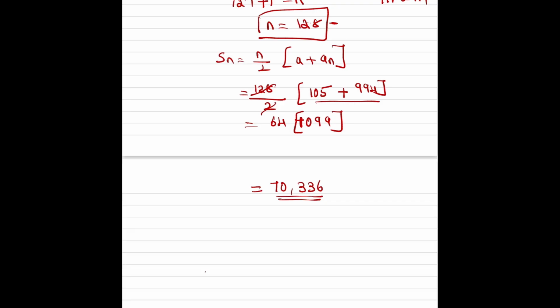Now we are going to do sum number 8. The ratio between the sums of the nth terms of two APs is 3n plus 8 to 7n plus 15. Find the ratio of the 12th term as well as the mth term.